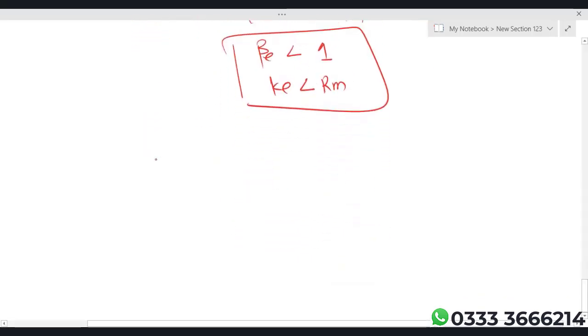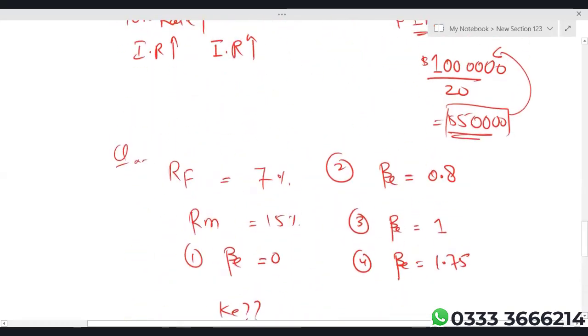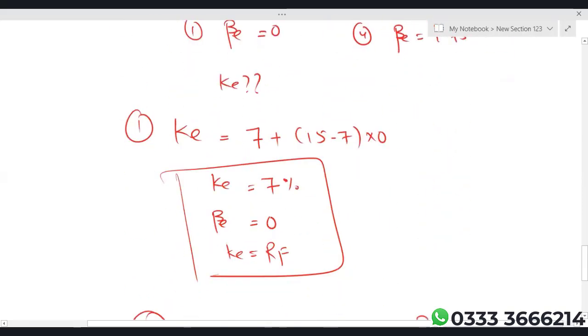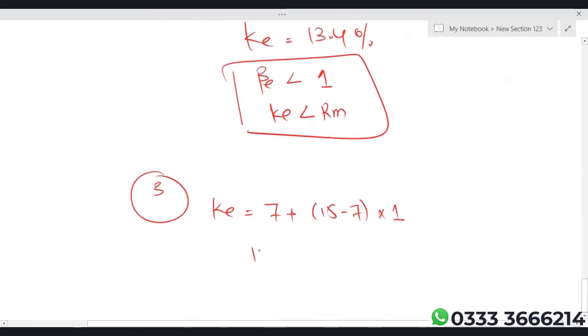Third, K is equal to RF plus RM minus RF, and equity beta is 1. Let's see. If equity beta is 1, your K will be equal to 15%.